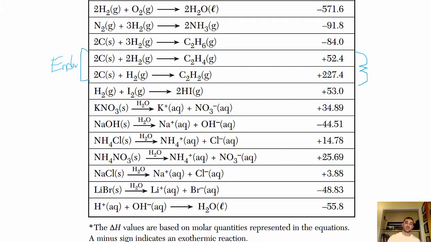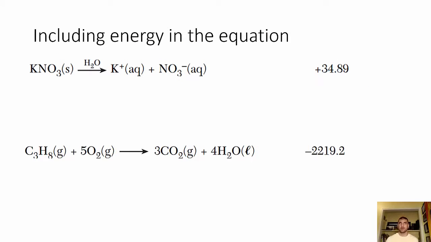All right. So now the question becomes, well, endothermic means we're adding energy. If I were to include energy into the equation, where would I put it? Well, if we're adding energy, then it's a reactant. So if this is my reaction, KNO3 plus water, I'm dissolving this stuff, giving me the ions, has a positive delta H. That means I had to invest energy.